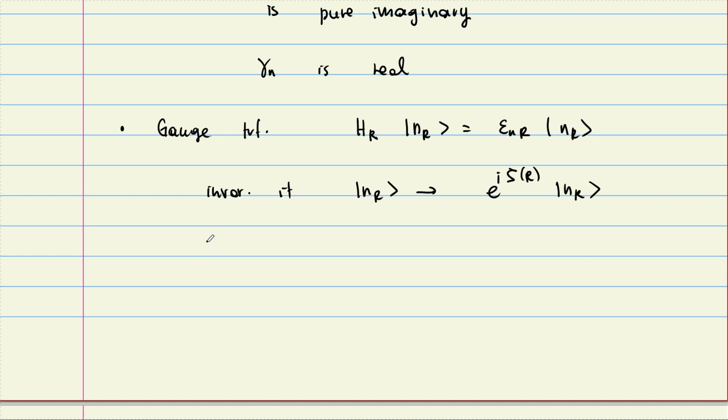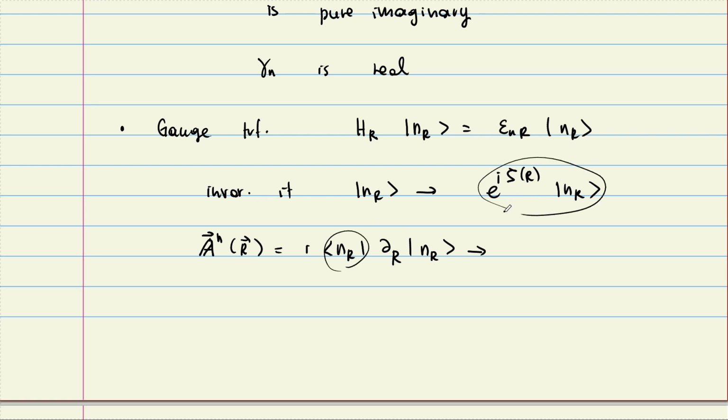In that case, this Berry connection A n of R, which is equal to i times the bra n of R, del R, n of R, is going to go to itself, right? Because every time you see an R, replace it with this, and the derivative can act on this or act on that, and we spent quite a bit of time with that kind of calculation.